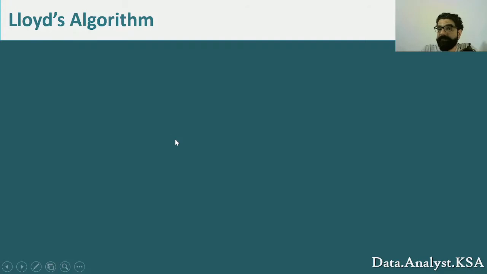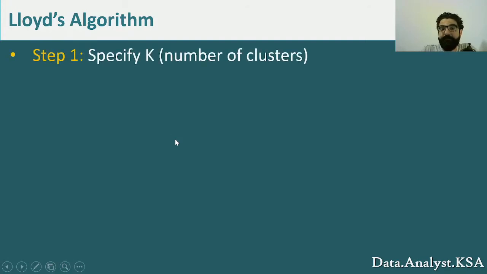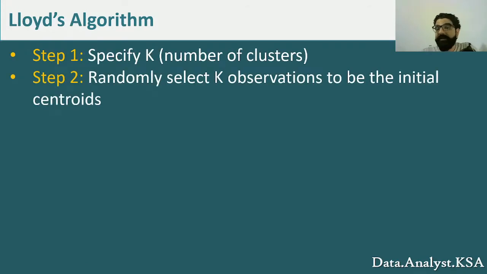Lloyd's algorithm starts by specifying K, the number of clusters, and then randomly selecting K observations from my data set to be the centers of the initial clusters. So they will be my initial centroids. Let's say I'm using K equal 3 and I have 1000 data points. I'm going to randomly select 3 points from those 1000 to be the initial centers of the clusters.